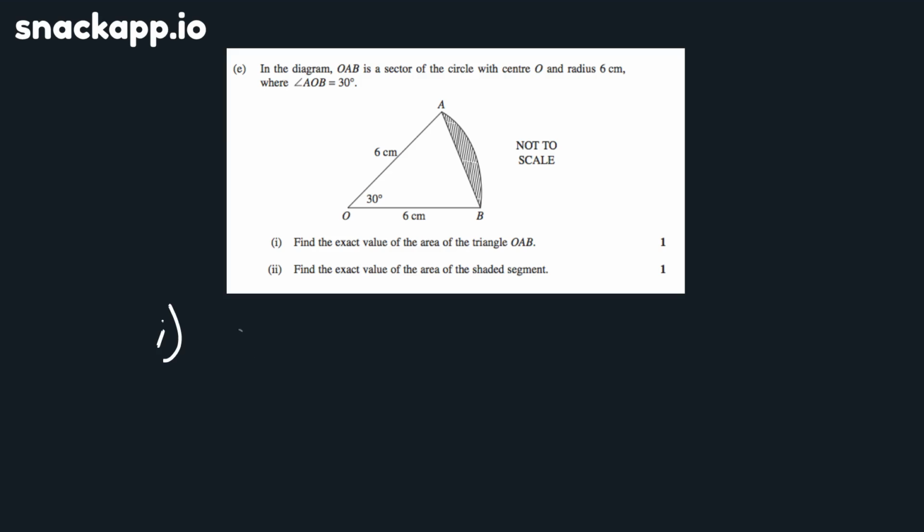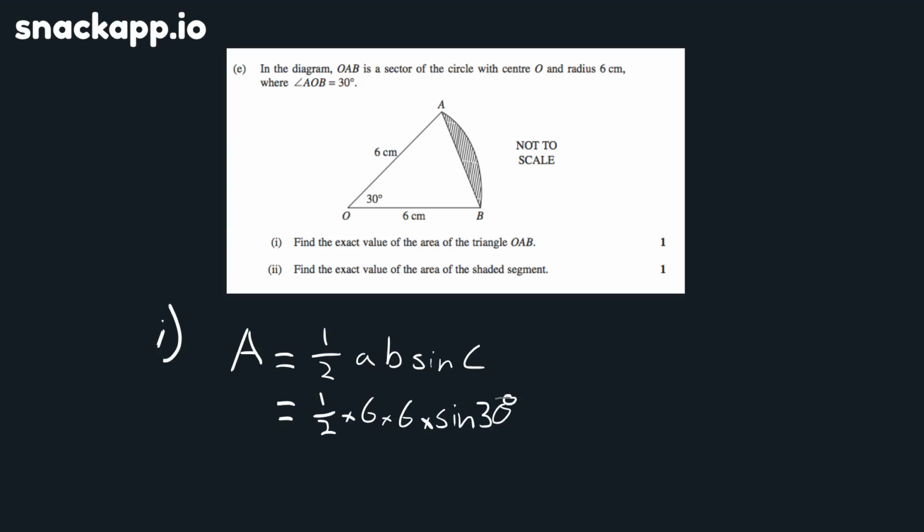So the generic formula being A, or area, is equal to a half ab sine C, where a and b are the two sides and C is the angle in between those two sides. So in our case, we've got a half times 6 times 6, because they're radii of the circle, times sine of C. C is just 30 degrees.